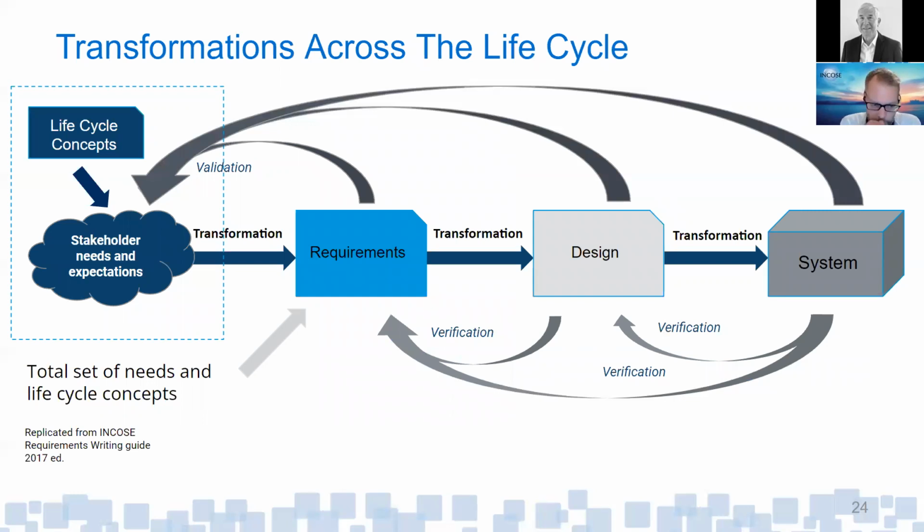If you're going after completeness, you have to look at it from the other direction, basically move up one step in the life cycle, upstream, and for example, look at your total set of stakeholder needs and requirements and life cycle concepts. What are the different usage scenarios?